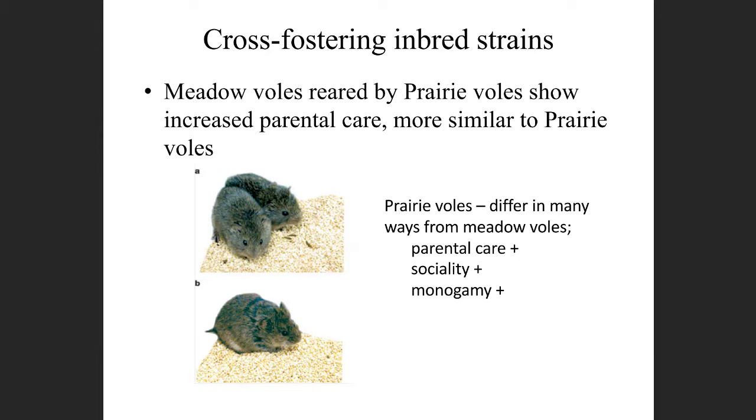They end up taking on the behaviors of the prairie voles. And this is really interesting, and it's probably similar to the effects of high licking and grooming versus low licking and grooming behaviors in rats, which we're going to talk about a little bit later in the course.